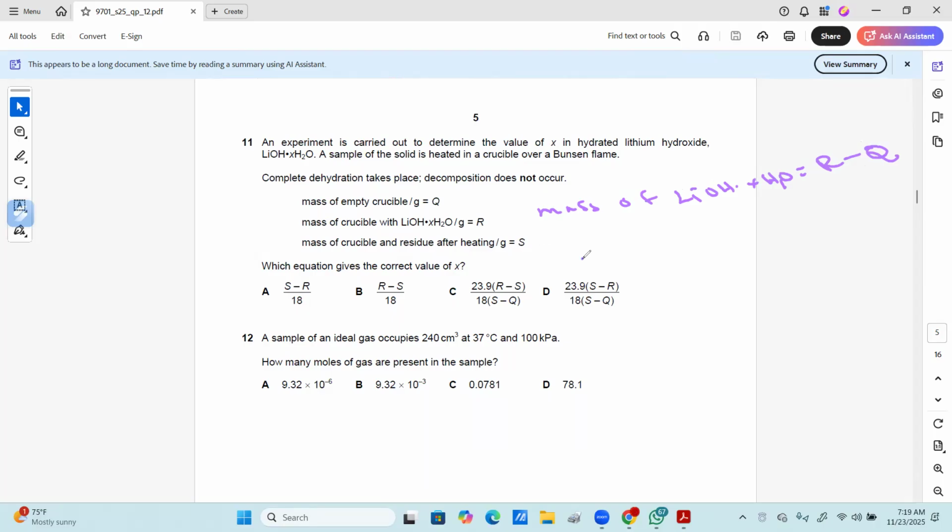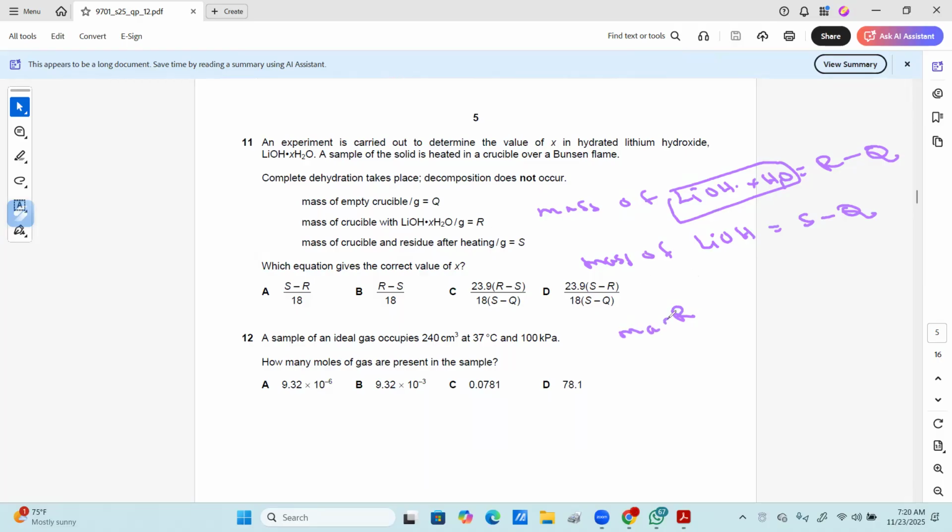Okay, so after heating, you get only the mass of LiOH. That is equal to S minus Q. So that is the mass of the hydrated form. If you subtract these two, we can find the mass of water.